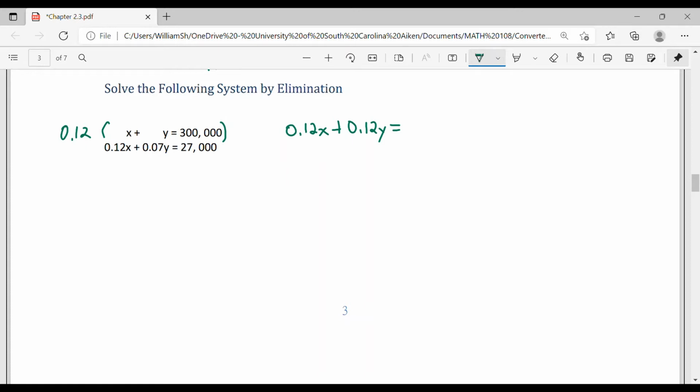So 0.12 times 300,000, that gives you 36,000.